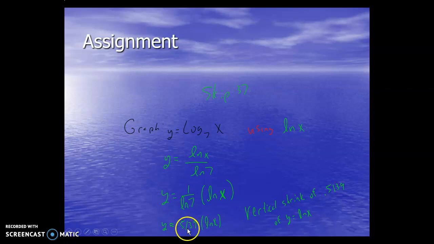So it's roughly 51% of its old size. 0.5139 is what 1 divided by natural log of 7 is, and you would just do that in the calculator. Then you can put that in the calculator to see what the graph looks like, which is cool. Or just graph a natural log function and then shrink it by that, which is kind of hard to do by hand for sure.